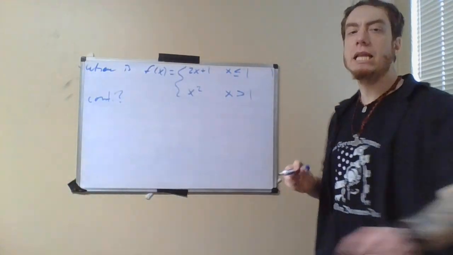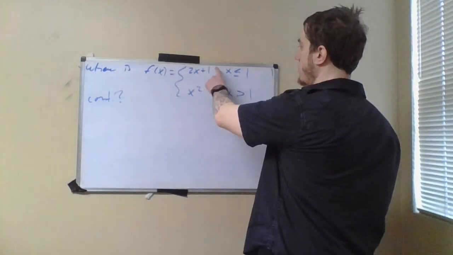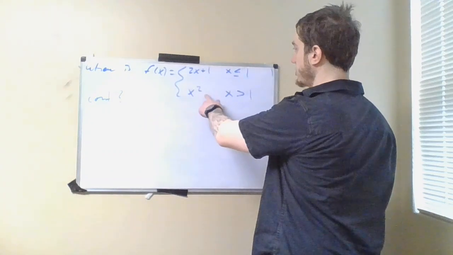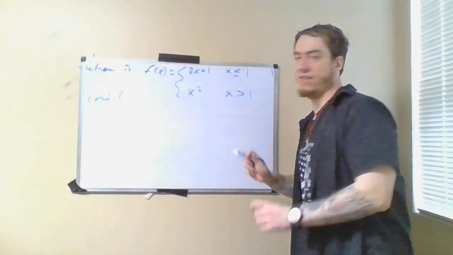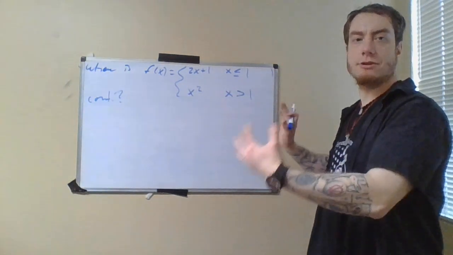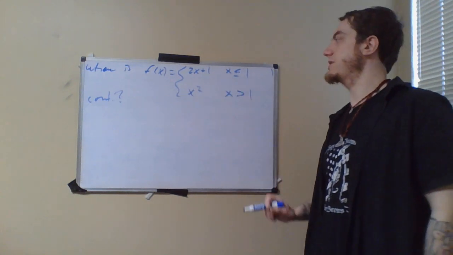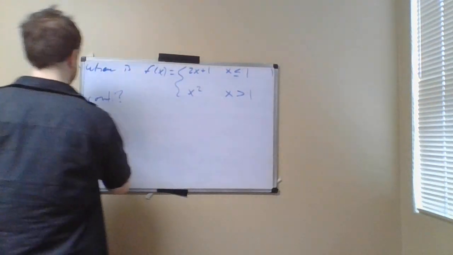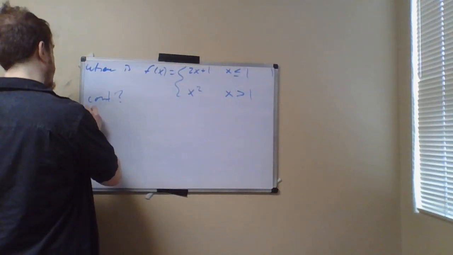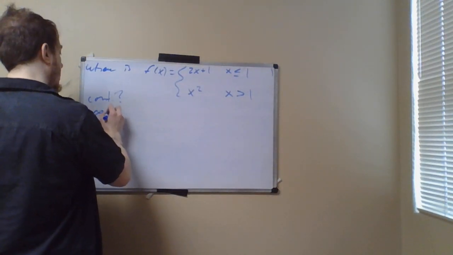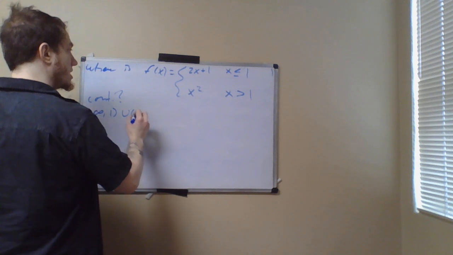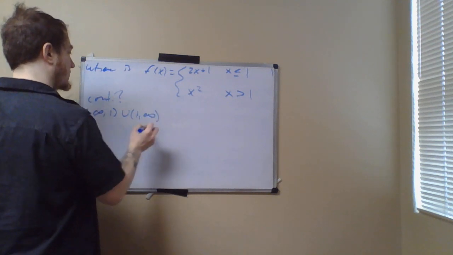Well, immediately right off the bat, I can say, okay, each of these expressions is a polynomial. So anywhere that in an interval around that point, it's given by just one of these expressions, it's going to be continuous. So we can say immediately it is continuous from minus infinity to positive 1, unioned with 1 up to infinity.